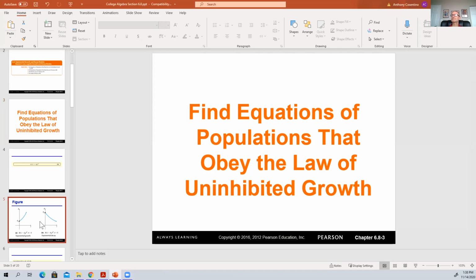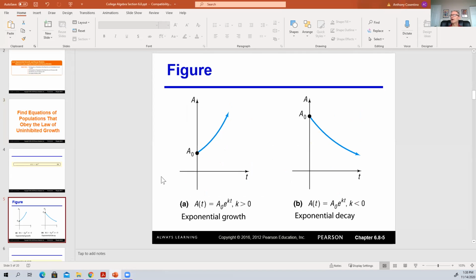So there are the growth, which is on the left side. As you can see, the slope is positive. And then on the right side is decay. The slope is negative. And if you could see these equations here, we're using the letter A, but basically you could think about that as the amount, right?